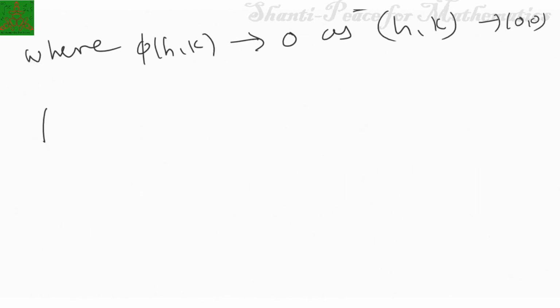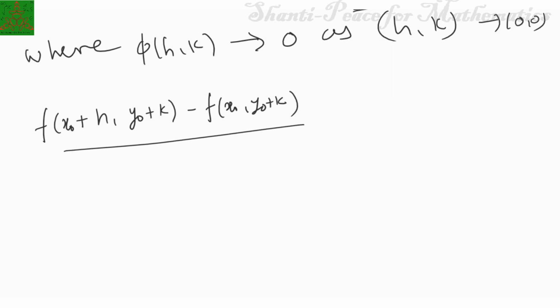So it is f(x0+h, y0+k) - f(x0, y0+k) upon h is equal to fx at (x0, y0) plus phi of (h,k), where phi tends to 0 as (h,k) tends to (0,0).